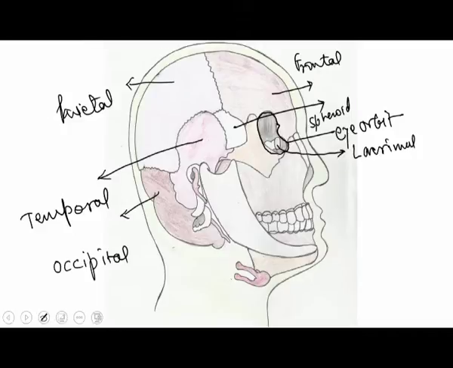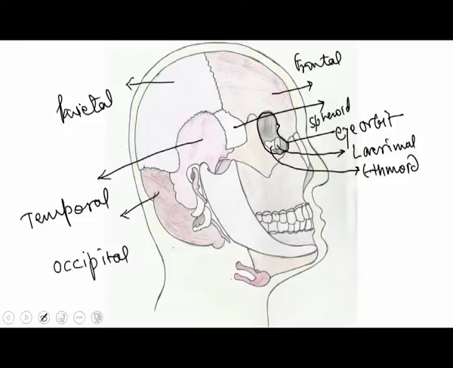The lacrimal bone gives base to the lacrimal gland, and that gland is producing tears. In the back side of this lacrimal, we have another small bone, and that bone is called ethmoid. This ethmoid is in very close association with lacrimal, in the internal aspect of that bony skull region.